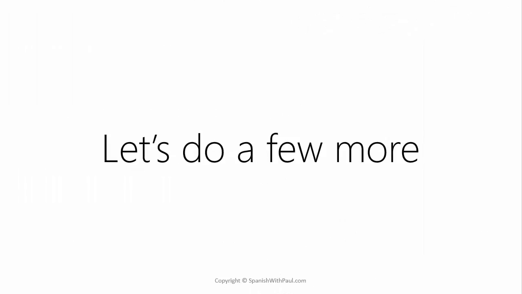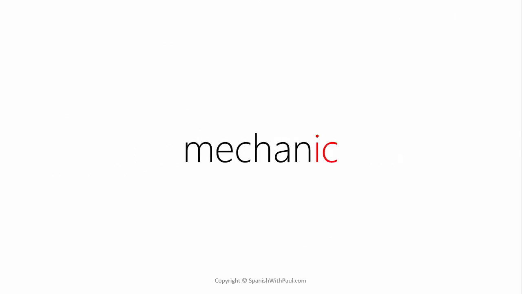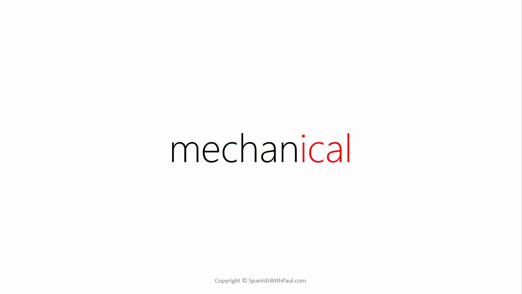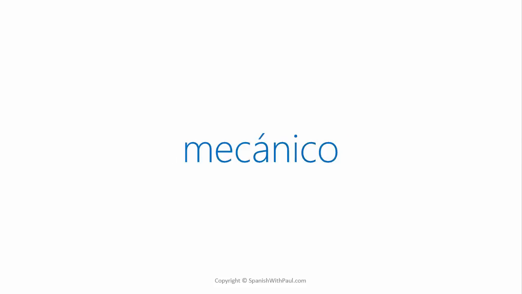Let's dig in and try to do a few more examples. So here we have the word mechanic. How would you say mechanic in Spanish? Mecánico. Now, how would you say the word mechanical in Spanish? Mecánico. So it's the exact same thing.